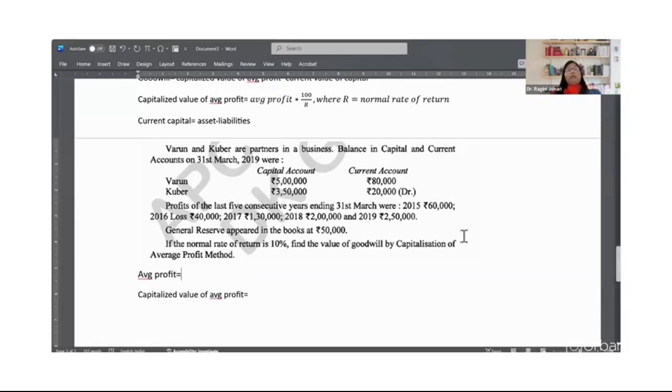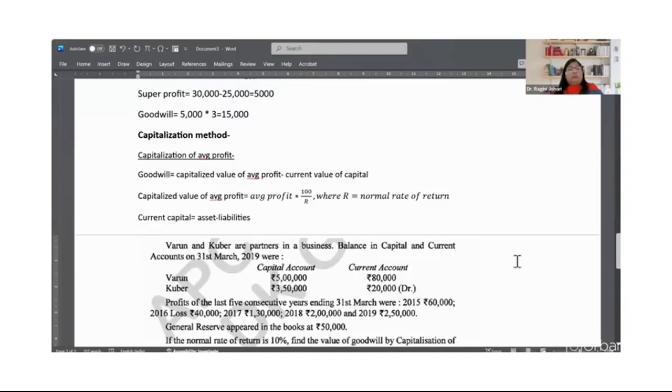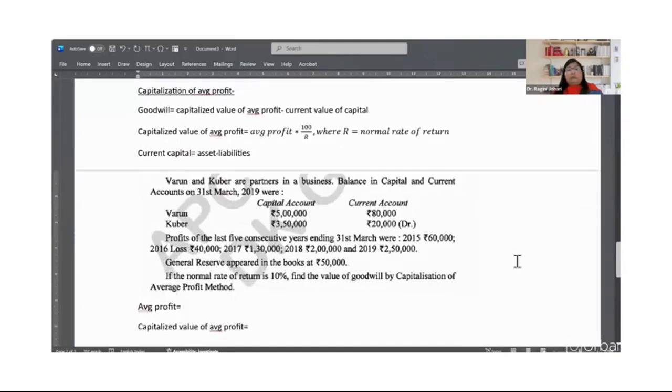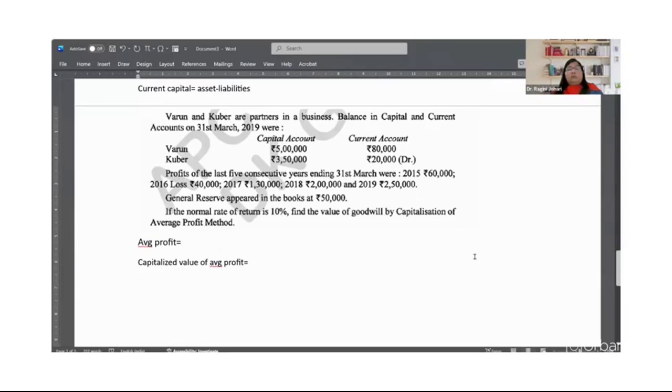That is 60,000 minus 40,000, which is 20,000, plus 1,30,000, plus 2 lakh, plus 2,50,000.